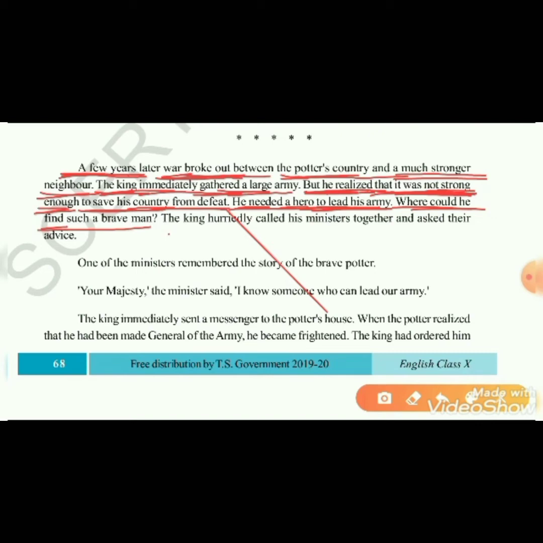He called his ministers and asked for their suggestions and advice. What was the theme of their suggestions? To suggest somebody who is brave, powerful, courageous, and who can be a hero to lead his army to win against the neighboring country. You understand, children? Hope you all understand.